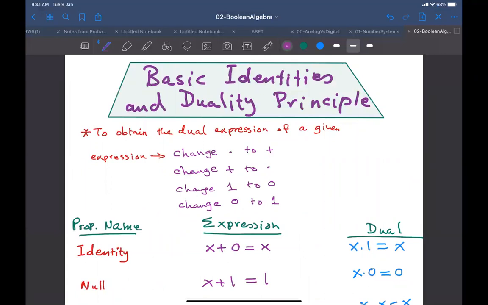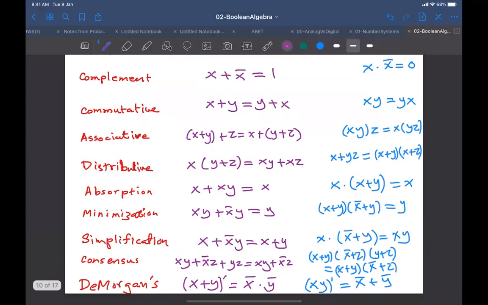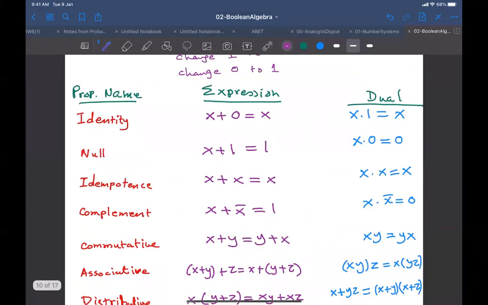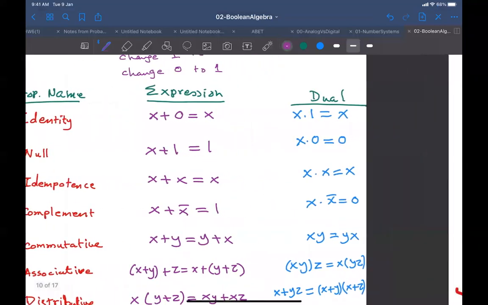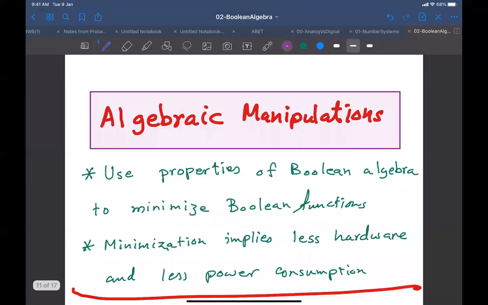Last time we discussed Boolean algebra identities and properties, and also the duality principle. In the lecture that I recorded offline, I explained two examples using algebraic manipulation to simplify Boolean functions.